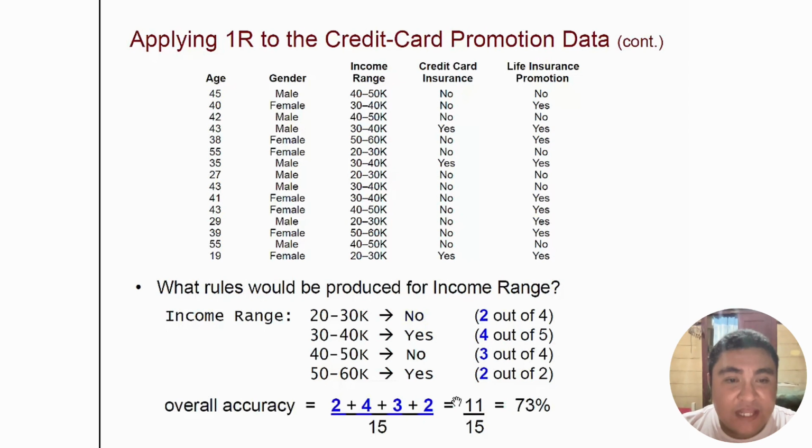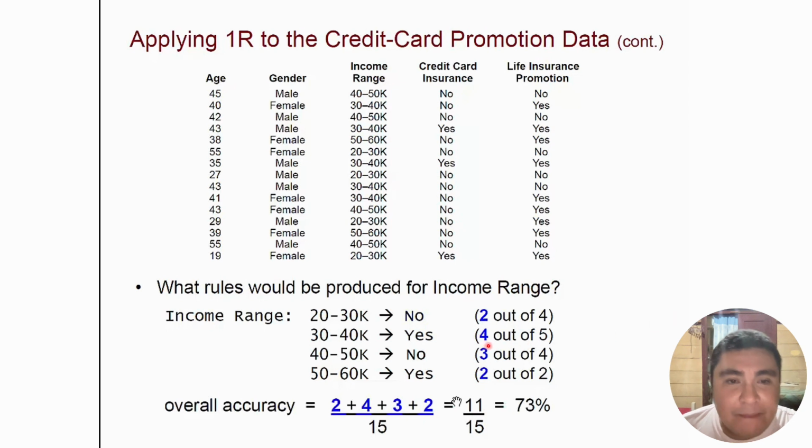So for the 20 to 30K, you have 2 customers in this range who answered no. Okay, it would mean the majority in this range answered no. For 30 to 40K, you have it here.